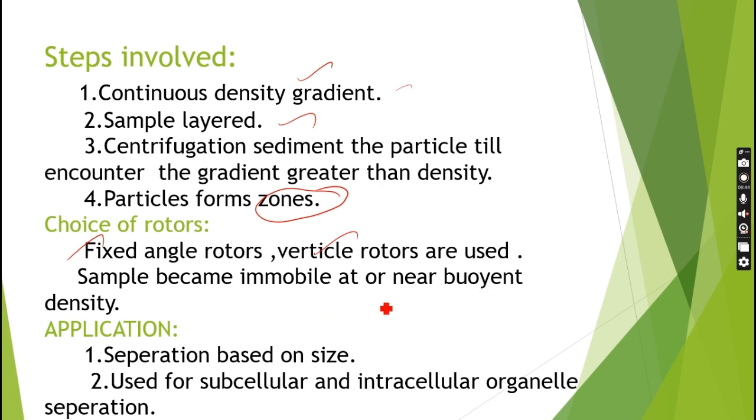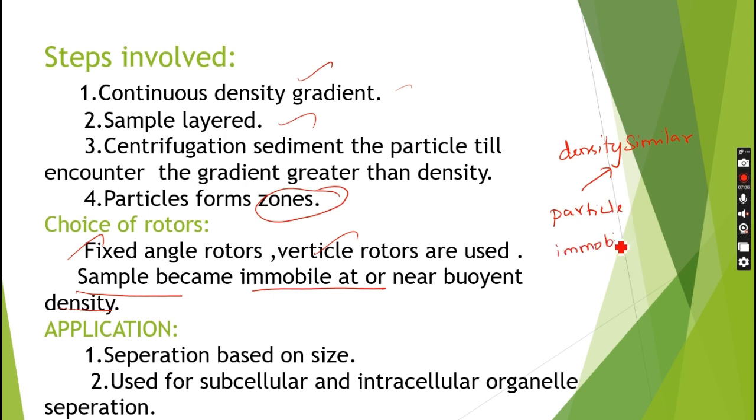But a particle is based on the principle that a sample is immobile at or near the buoyant density, which means a similar density region where a particle is immobile.